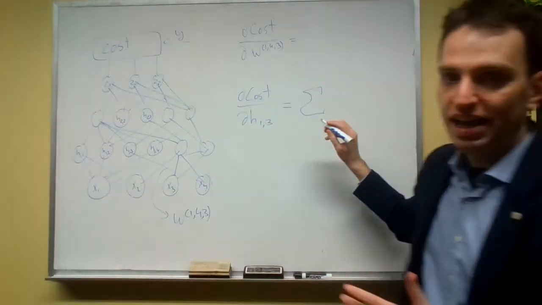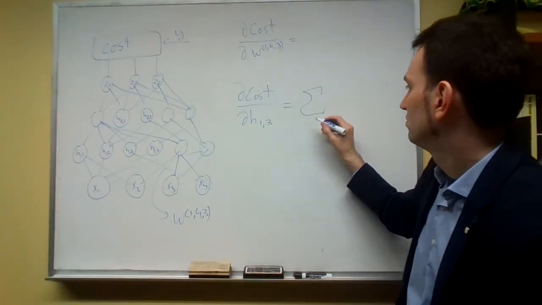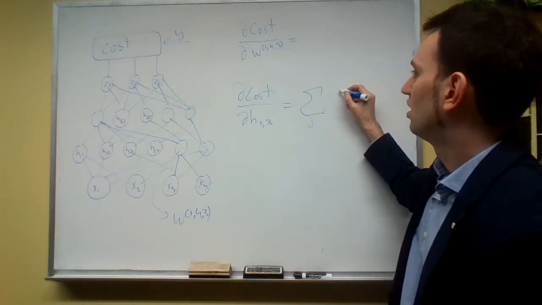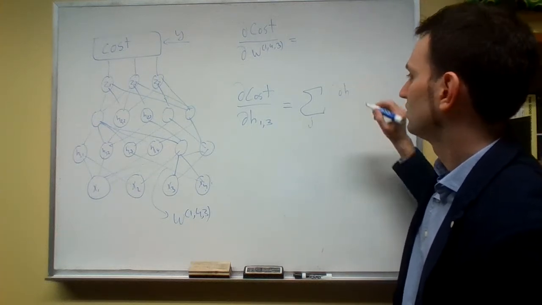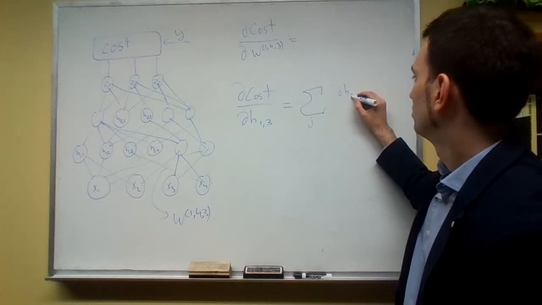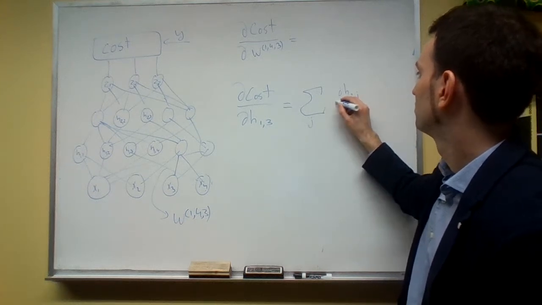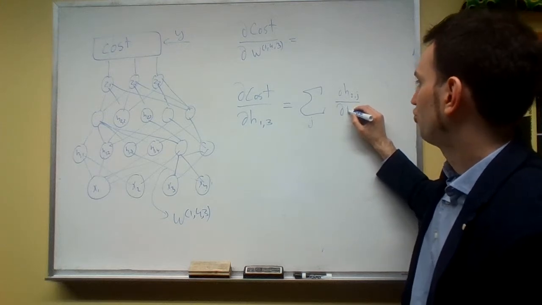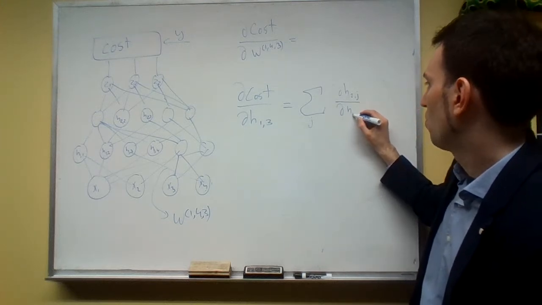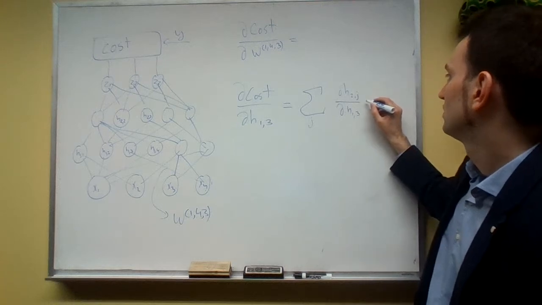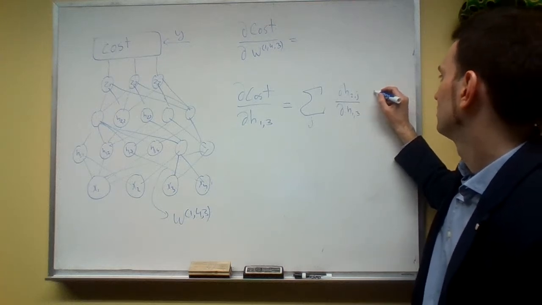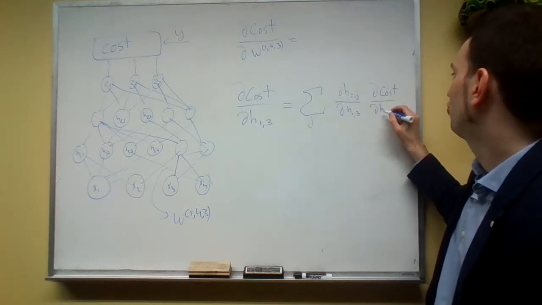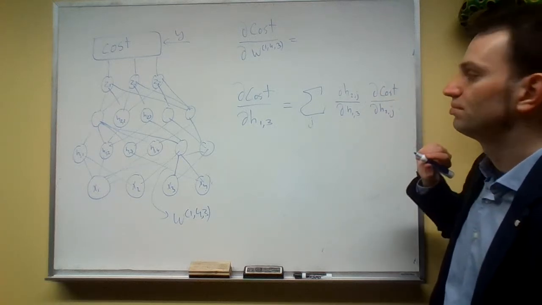So we'll do a sum over j of dh2j by dh13 times the cost by dh2j.